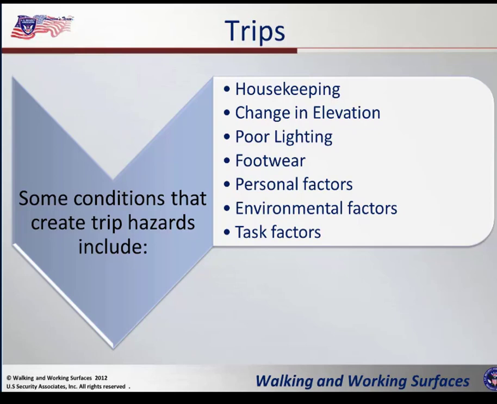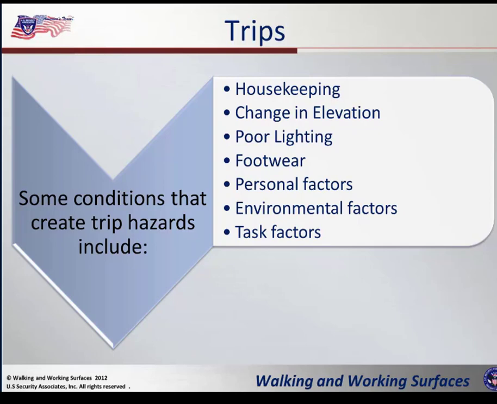If you're out on your round, look to see if there's any cords that could cause somebody to trip, maybe boxes that are blocking a walkway. Also, a change in elevation. Are there steps that are not being labeled? Is there a drop in elevation that people are unprepared for? Make sure that somebody designates that as a hazard.